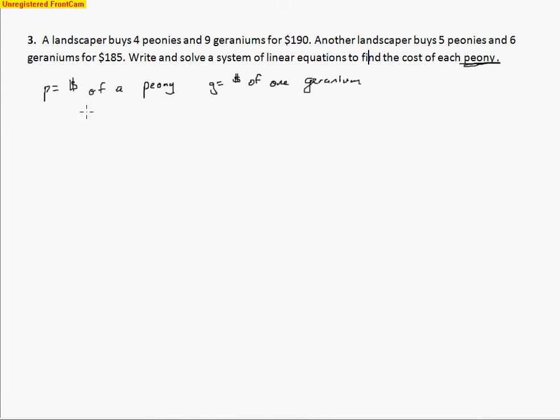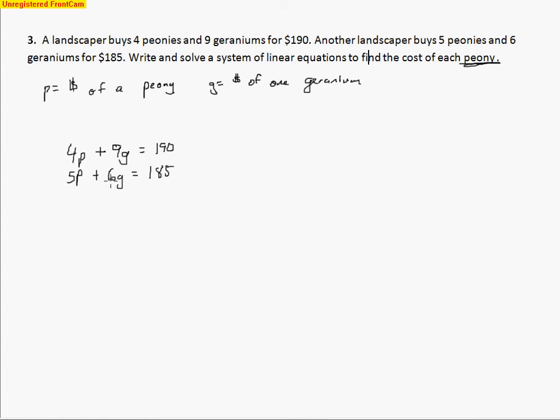So now let's set up our equations. One landscaper bought 4 peonies and 9 geraniums. So 4 times the cost of peony plus 9 times the cost of geranium is going to equal $190. And another landscaper buys 5 peonies and 6 geraniums, but only spends $185.